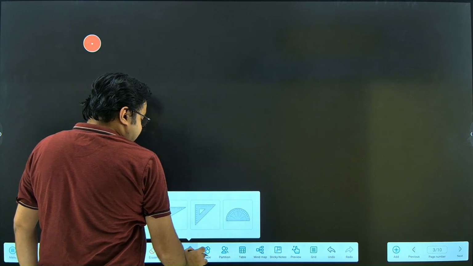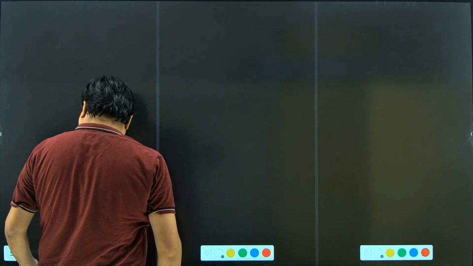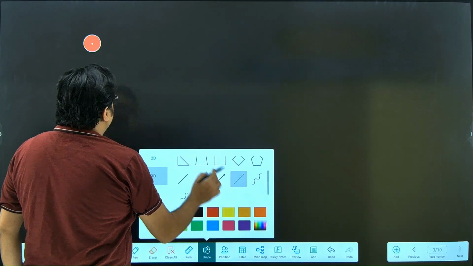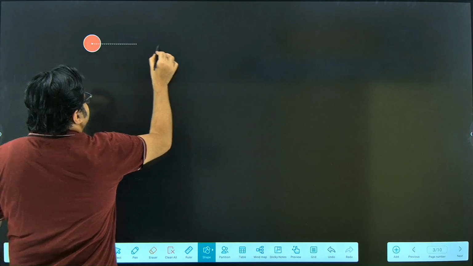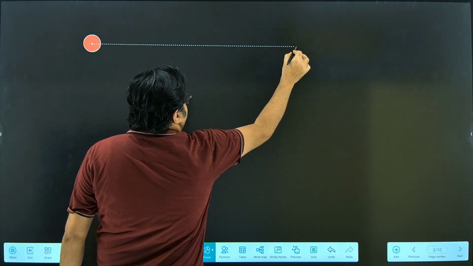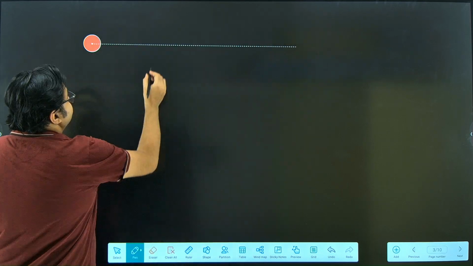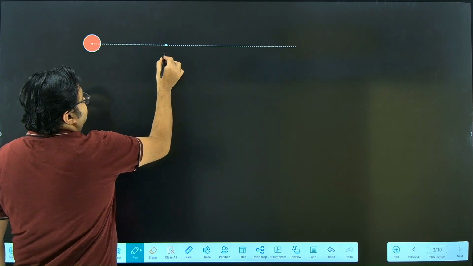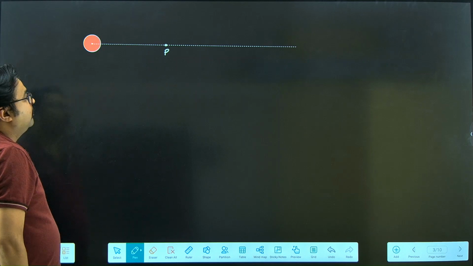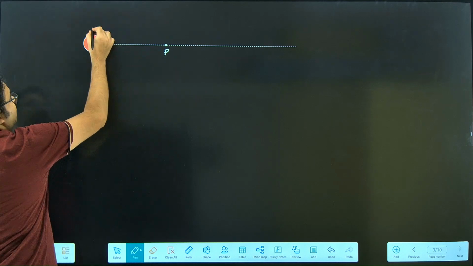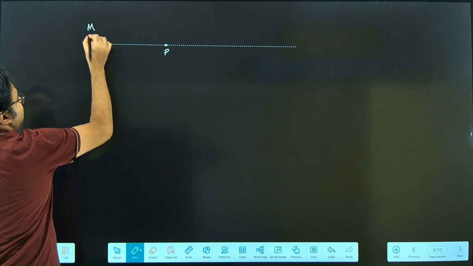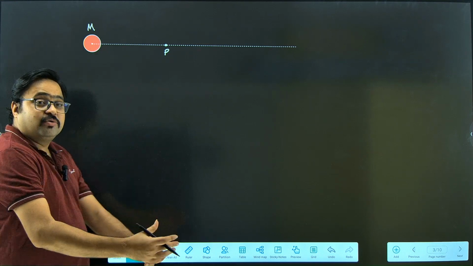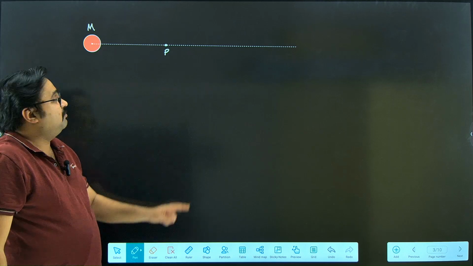I am interested in calculating the gravitational potential at a point here. Let me call that point P. The gravitational potential at that point is because of mass capital M. This is capital M. So how do you get the gravitational potential at this point?